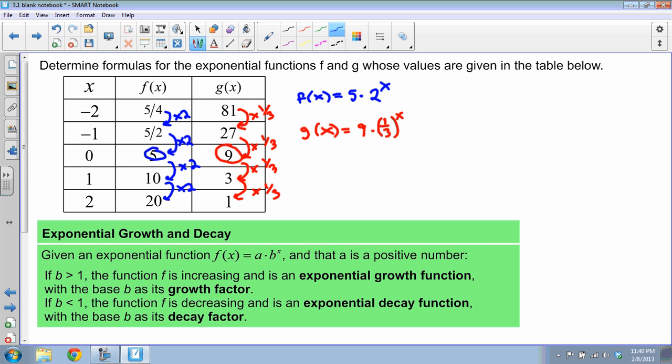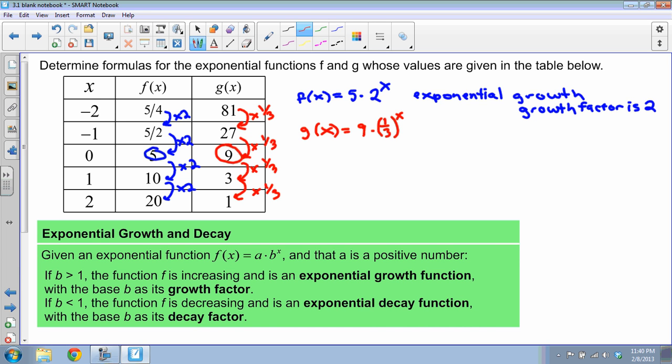So let's look at the two examples up here we did. For f of x, we would call this exponential growth because our b, which is 2, is greater than 1. And our growth factor is 2, because that's what b is.